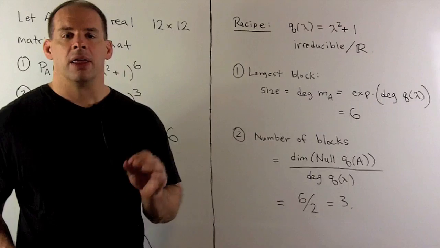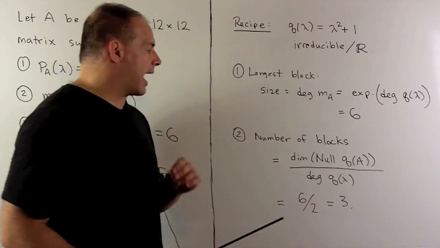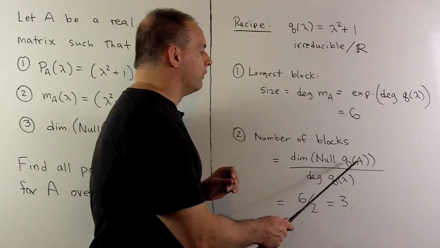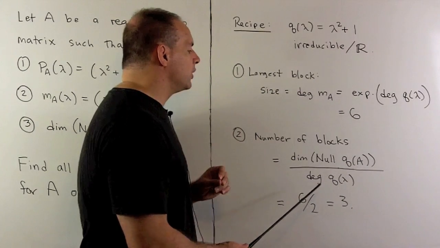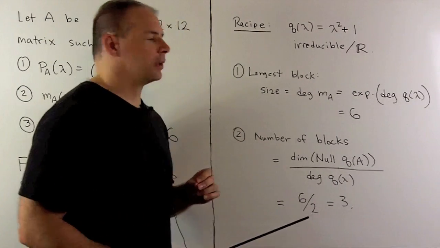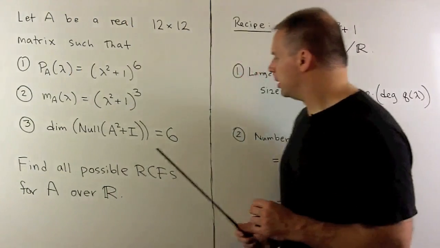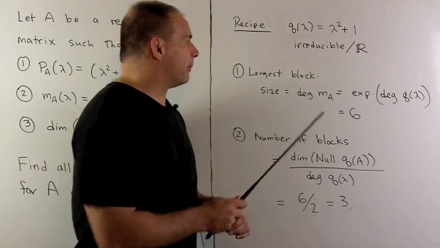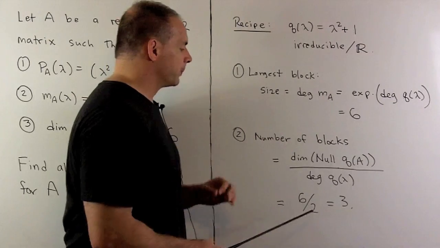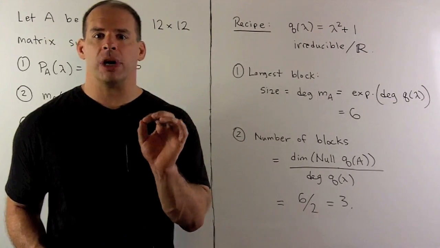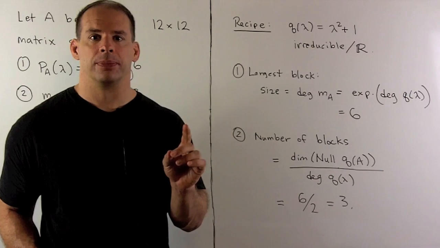Then the number of blocks is given by taking the dimension of the null space of the matrix Q(A), and we divide by the degree of Q. So in this case, we'll have 6 divided by 2, which gives me 3. So we'll have 3 blocks, the largest of which has size 6.